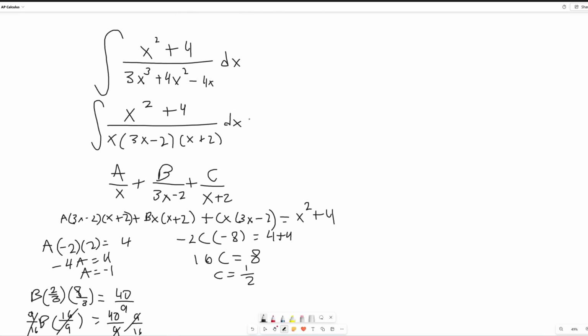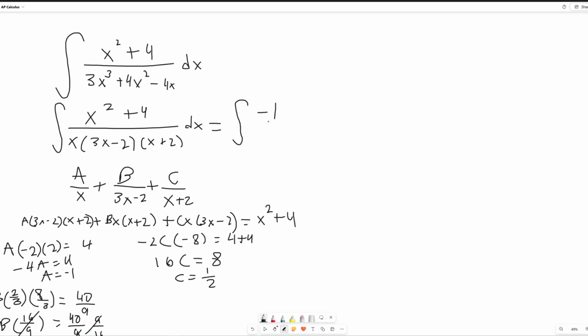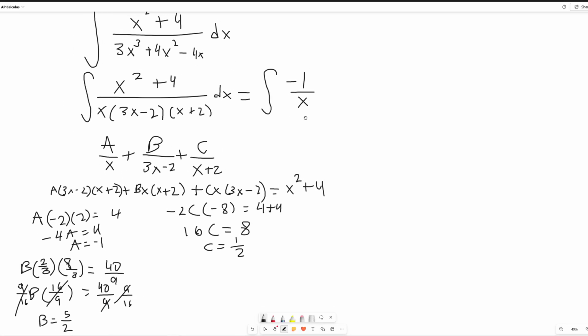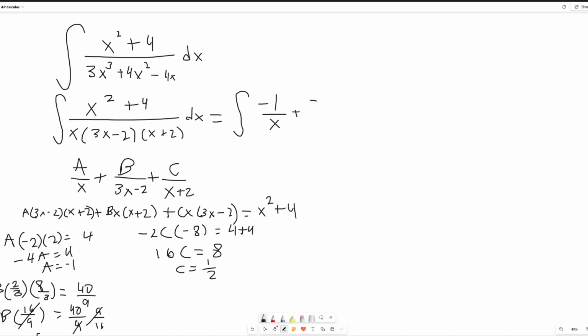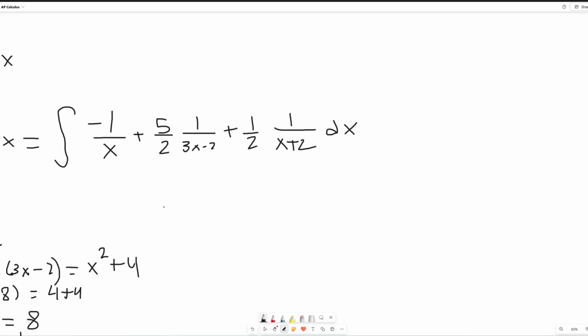So now this gets factored into negative 1 over x plus 5/2 times 1 over 3x minus 2 plus 1/2 times 1 over x plus 2. Wow. Again, a lot of work for one problem.